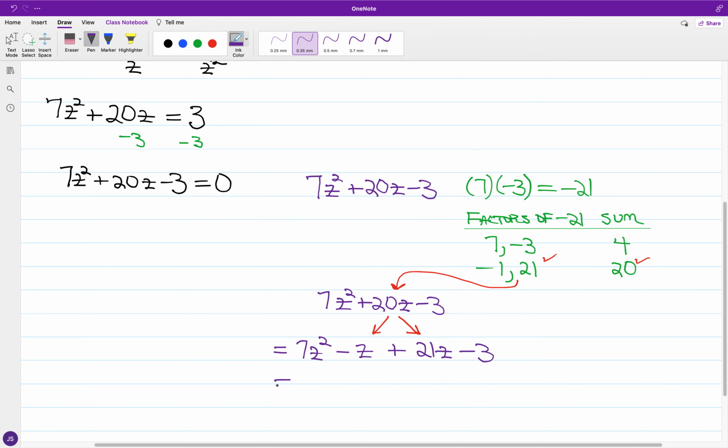And entering the stage of grouping. So we have 7z squared minus z. And in the middle is going to be the operation of addition. And grouping together the last two terms, I have 21z minus 3.